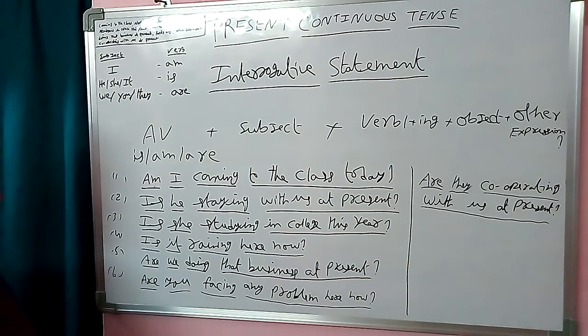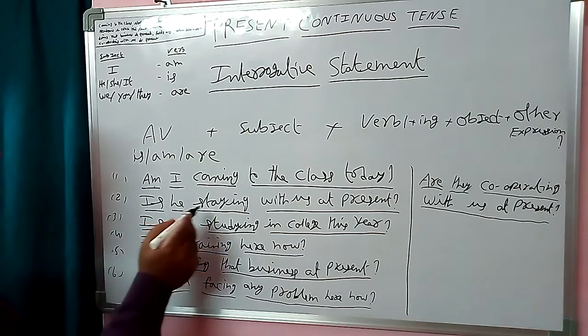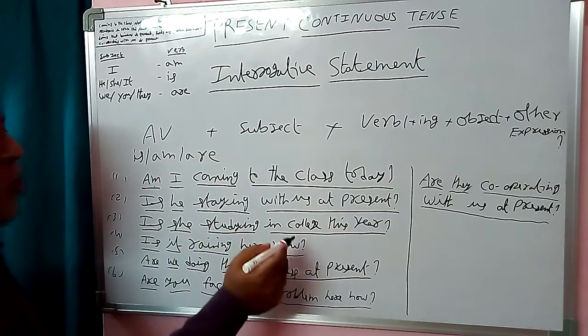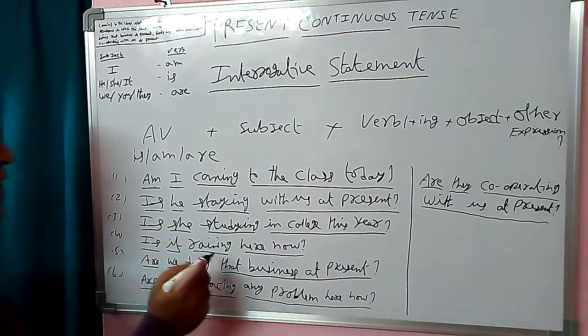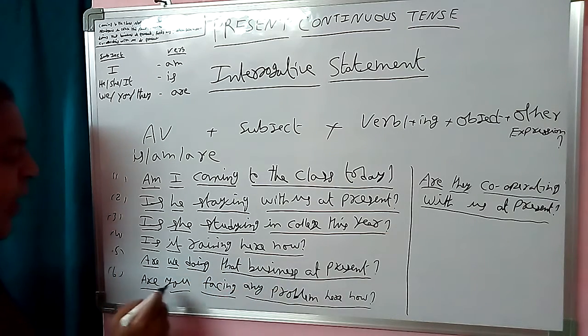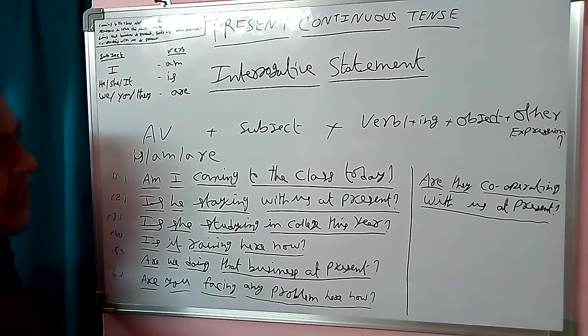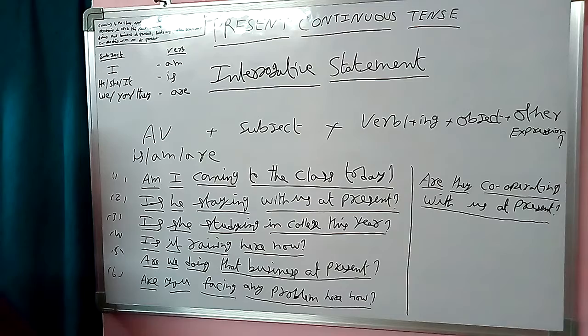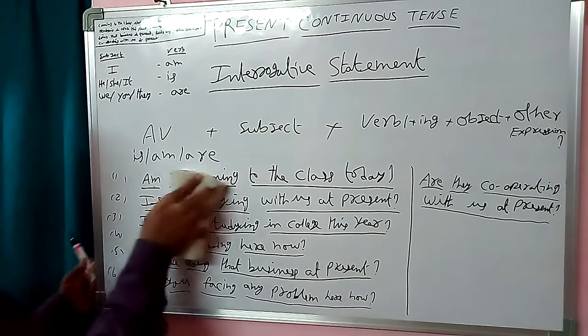Am I coming to the class today? Is he staying with us at present? Is she studying in college this year? Is it raining here now? Are we doing that business at present? Are you facing any problem here now? Are they cooperating with us at present? This is the interrogative statement.